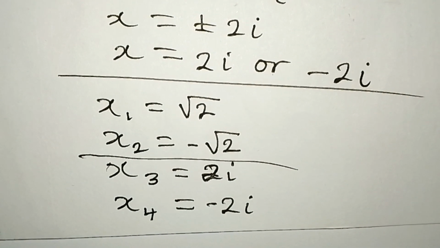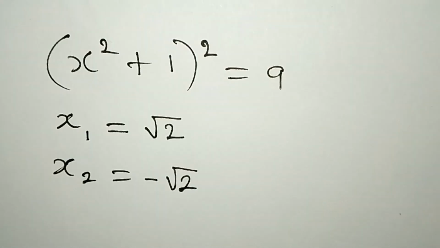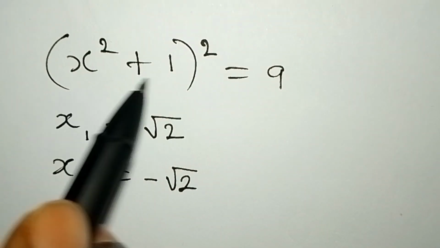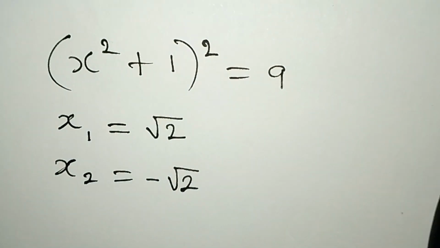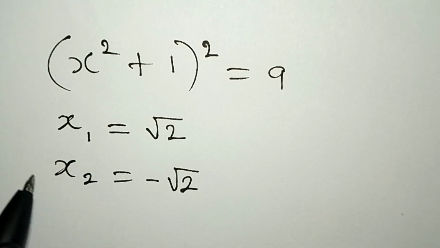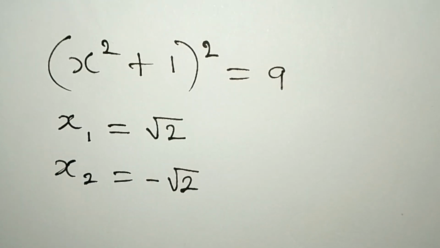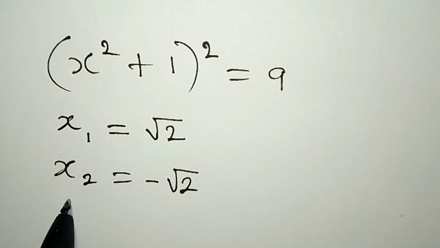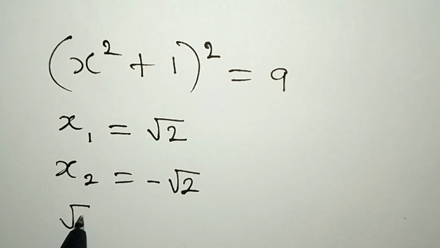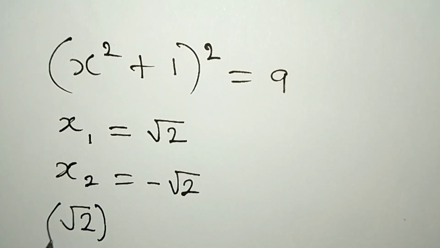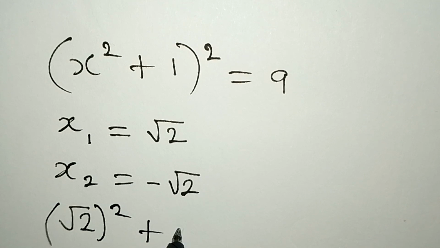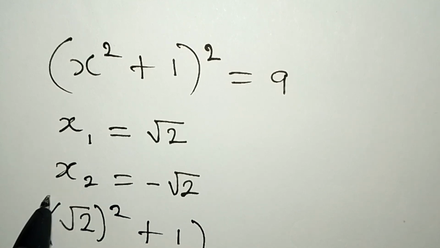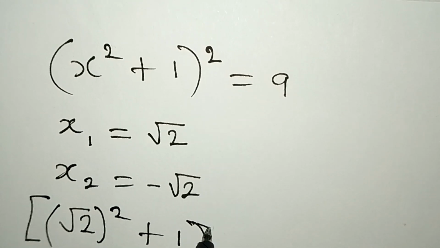Now let's try the 2 real solutions in the equation (x² + 1)² = 9 and see whether they will be satisfying. Let's put in the first value of x. Okay, so we'll be having (√2)² + 1 in bracket.